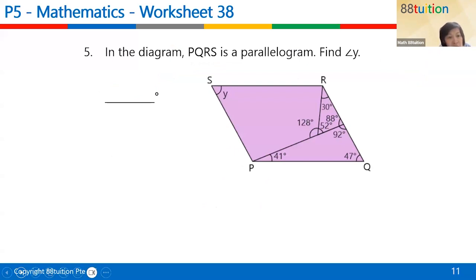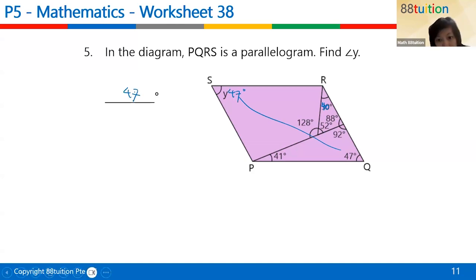Okay. All right, let's take a look at number 5. Now, number 5, I need you to do me a favor. Change this to 40. Okay, change this to 40. But it doesn't matter because we are now looking at this. This is 47 degrees, which is not affected.